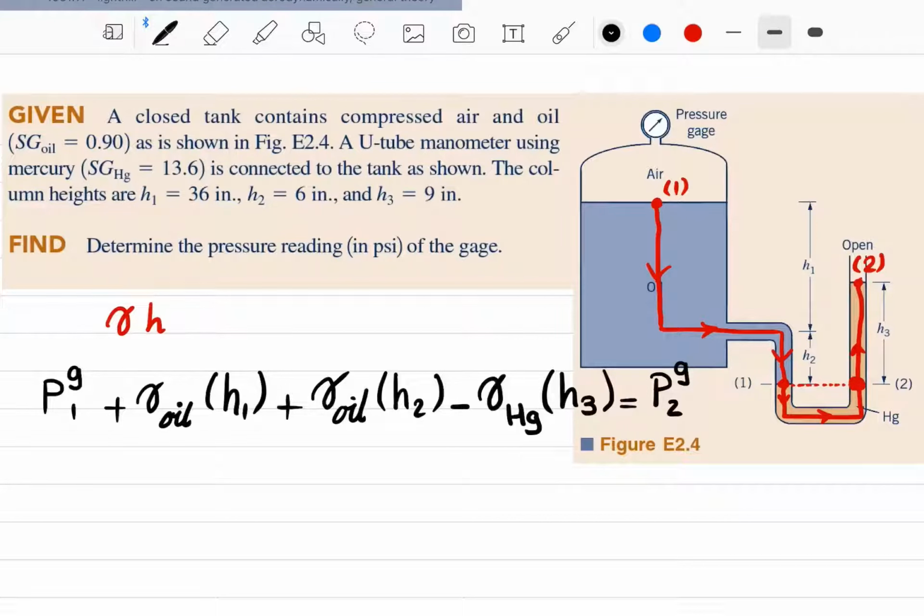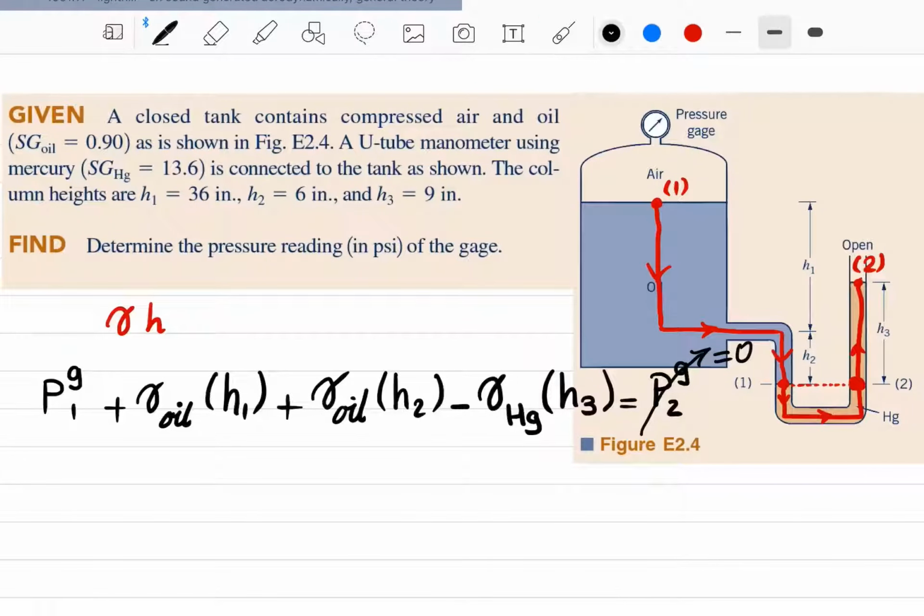As we said, gauge pressure at point 2 is equal to 0 because it's open to atmosphere, and its absolute pressure is atmospheric pressure. And the gauge pressure at point 1 is unknown, and we want to obtain it.